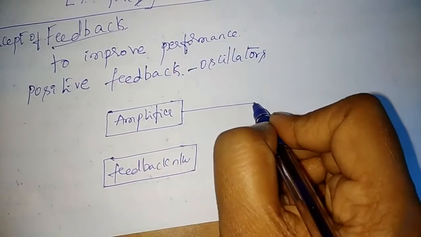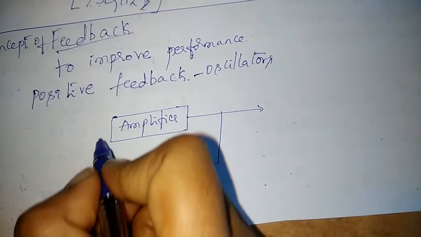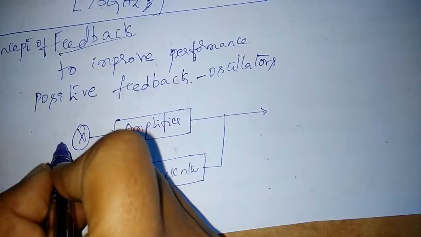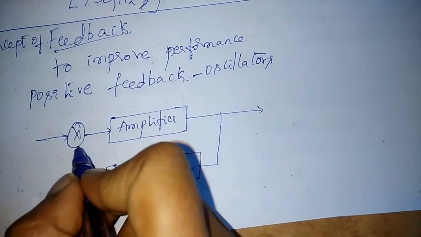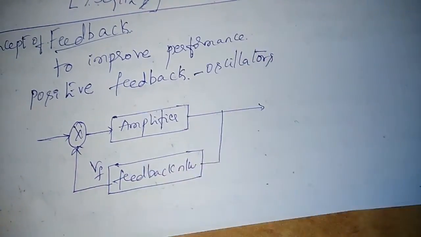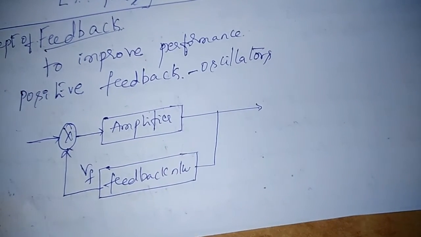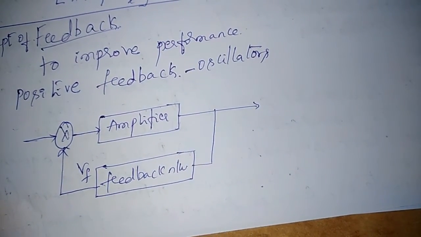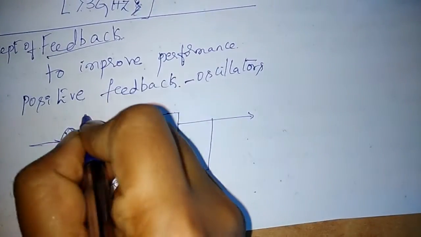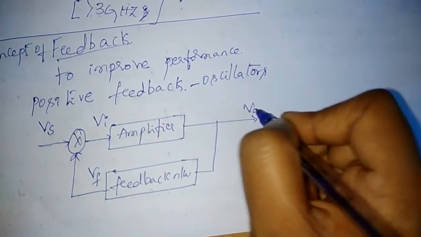A portion of the output will be fed back as feedback, along with your source input. The diagram is the same in the case of the amplifier also and the oscillator also. So this is Vf, this is Vi, this is Vs, and this is V0.